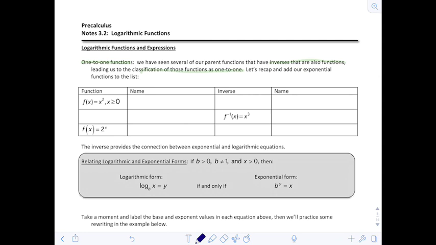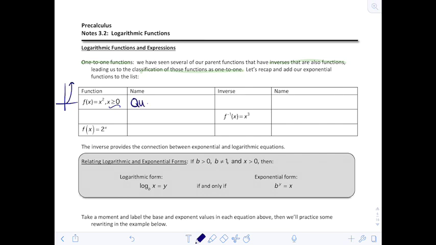So first of all, we have f of x equaling x squared. Now, we know that the whole parabola, x squared, would not be a one-to-one function, but notice the restriction. X is strictly greater than or equal to 0. So when that happens, we only have half of the parabola, or the quadratic. That allows us to have a one-to-one function wherein we could look at the inverse and it would also be a function.